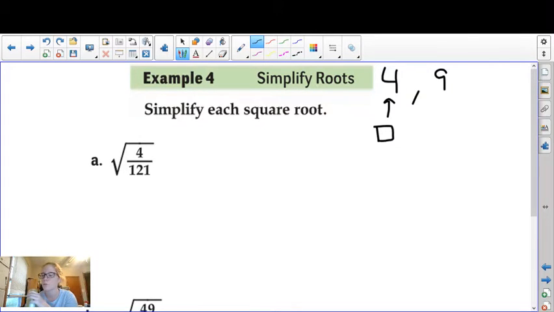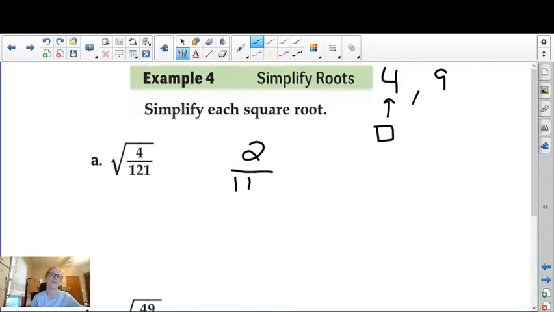So simply, I'm just going backwards then. And I like my example of 4 here, because I have a 4 on top. So what number twice gave me 4? Well, it's just 2. So the square root of 4 is 2. And then I'm asked to find the square root of 121. And this guy is 11.